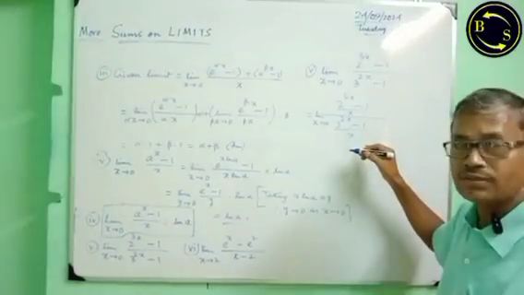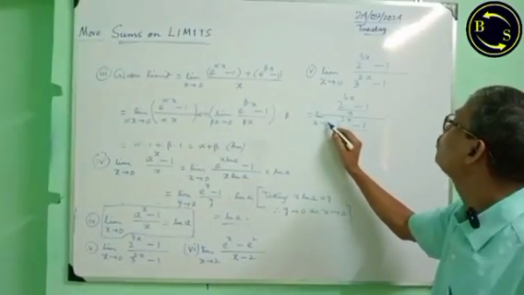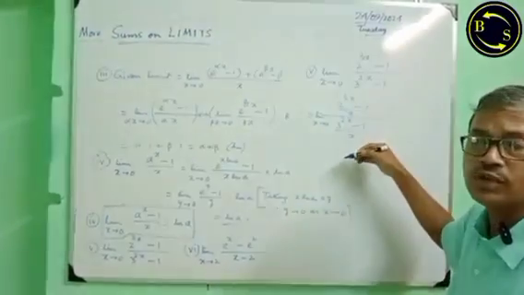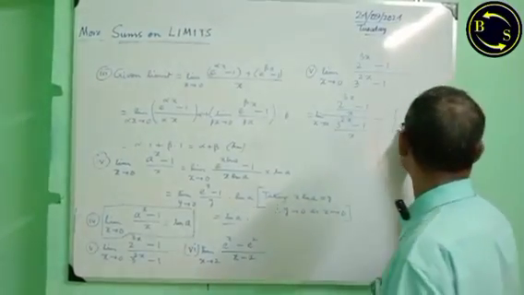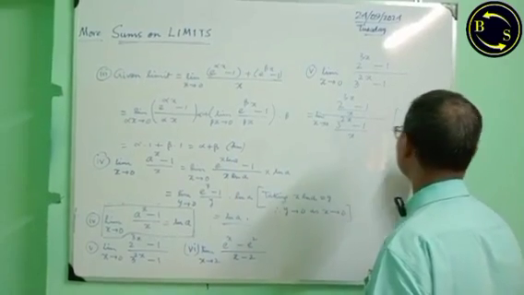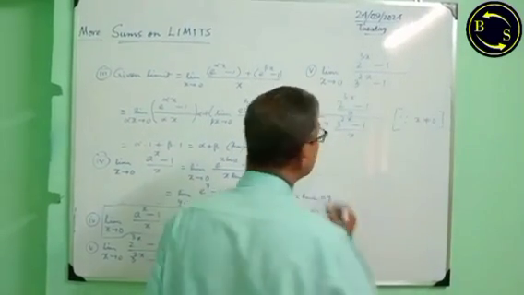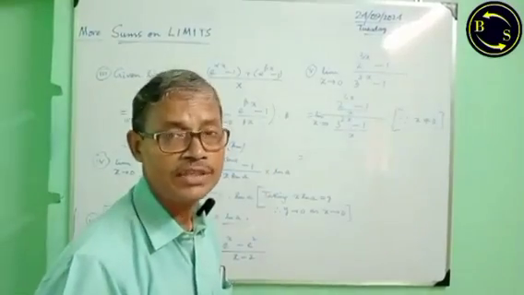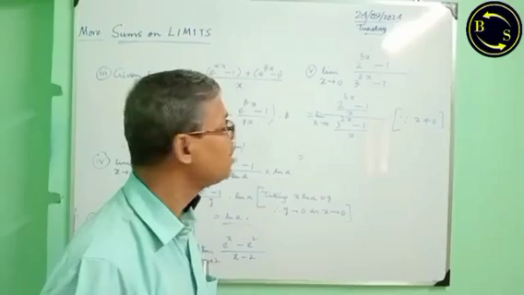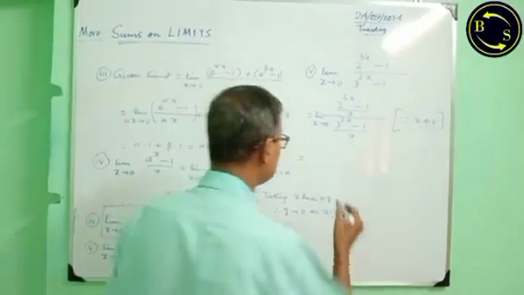Can I do this? Yes. As x tends to 0, x is non-zero, so I can divide both numerator and denominator by x. Mention here since x is not equal to 0. Now this is of the form limit x tends to 0 f(x) by g(x), which will be equal to limit x tends to 0 f(x) divided by limit x tends to 0 g(x).